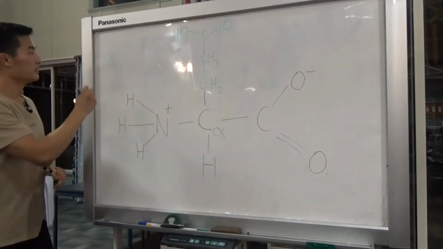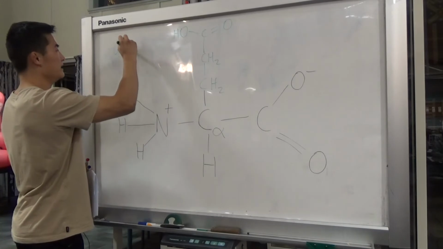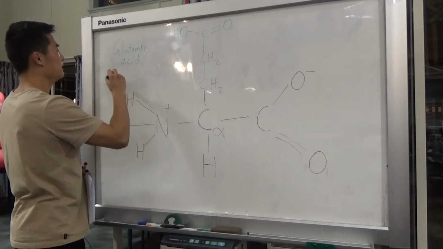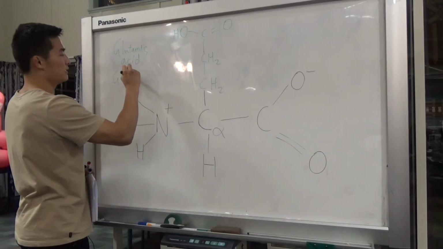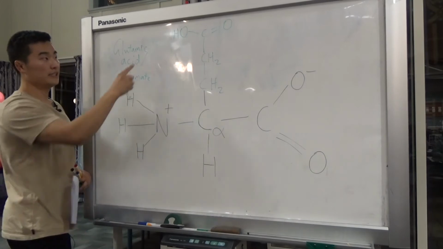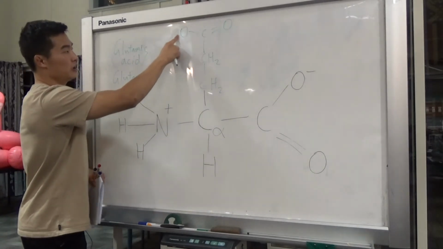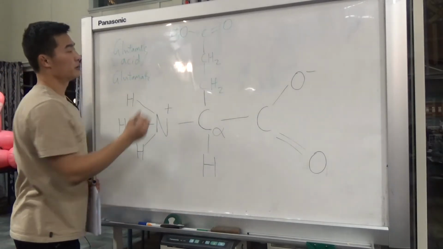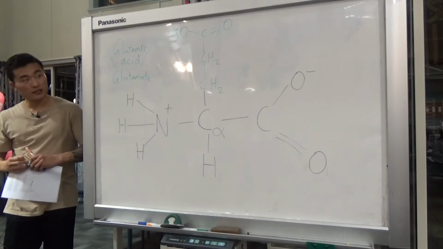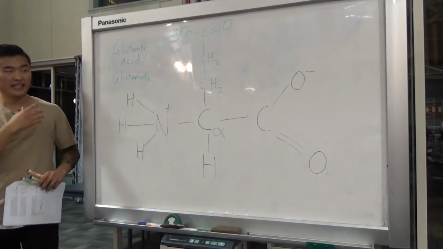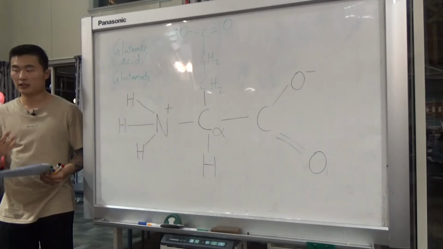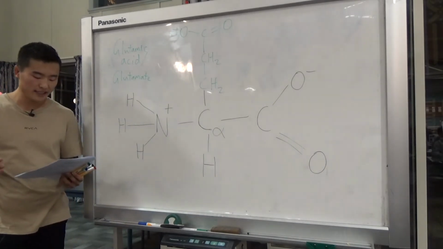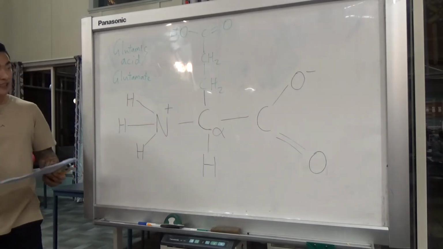Again, when it's protonated, it's going to be called glutamic acid, and if it becomes deprotonated, which it is at physiological pH, it's going to be glutamate. But you can say glutamic acid or glutamate. That makes it pretty easy.